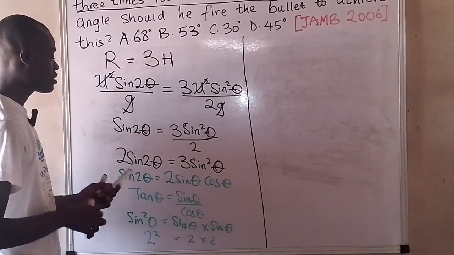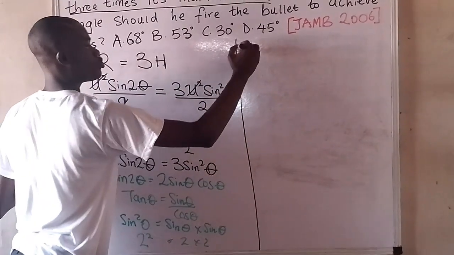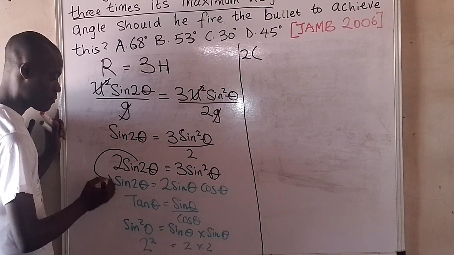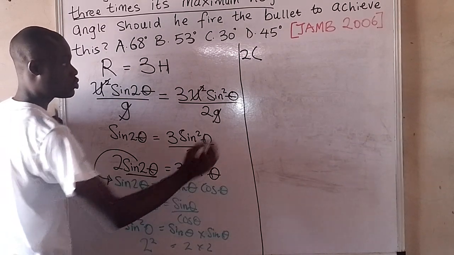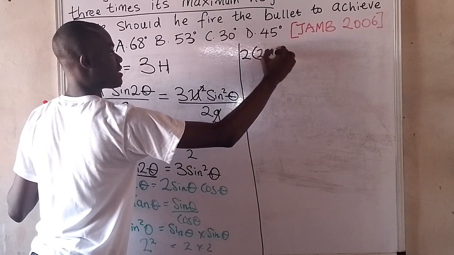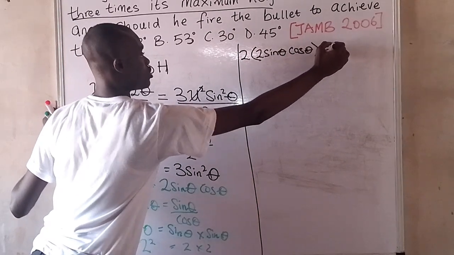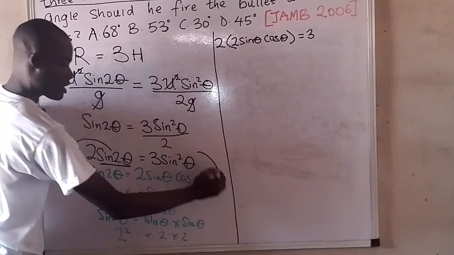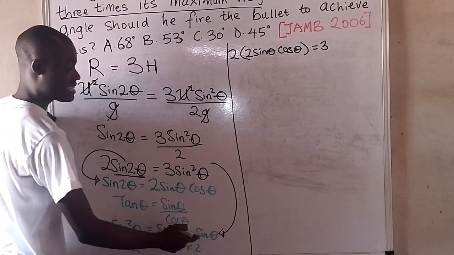Now, coming back to this part of the question, we have 2. Now, sine 2 theta is what we have here. This sine 2 theta is equal to 2 sine theta cos theta, and this is equal to 3. Now, sine square theta is what we have down here. So sine square theta is equal to sine theta sine theta.